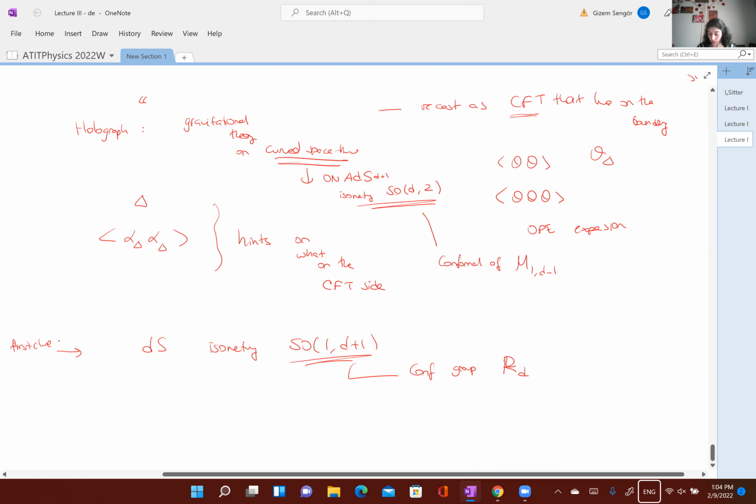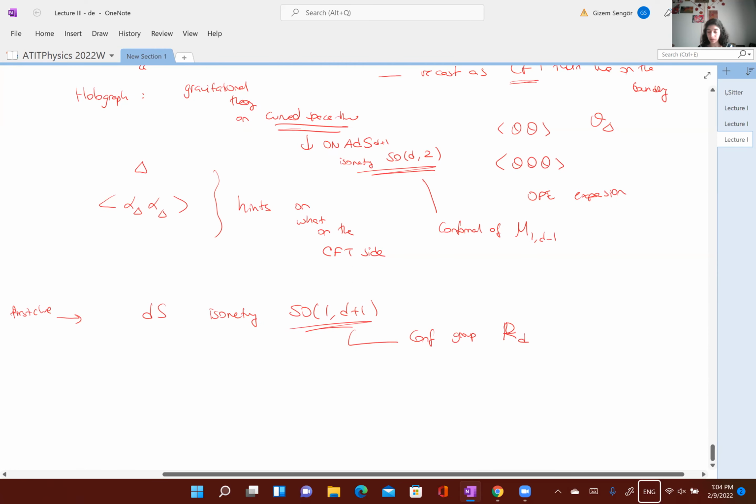But even based on this clue, some examples started to be built up. And then there's something more. There's also Minkowski. And people also asked, is this holographic as well? And they started developing this framework of celestial holography.